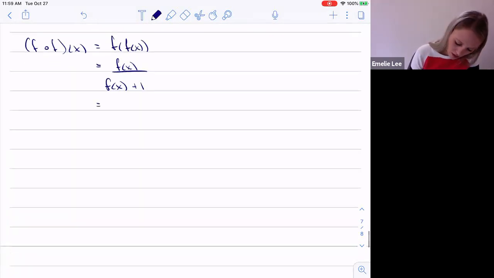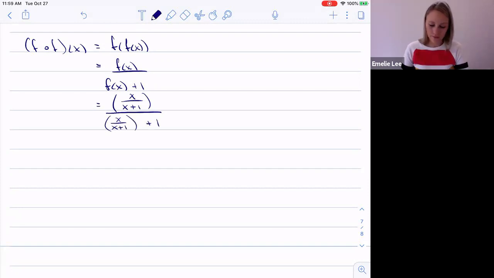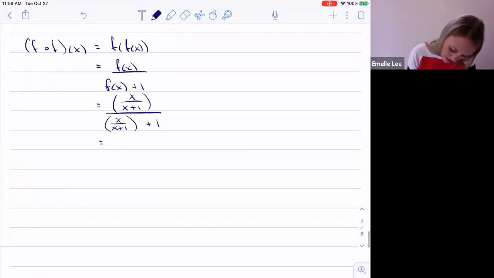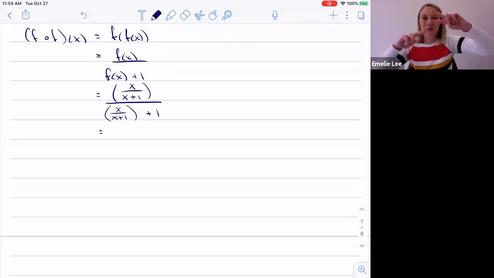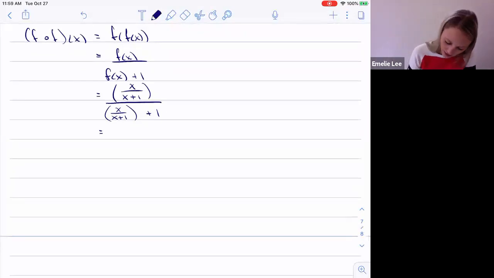Now I've got x over x plus 1 divided by x over x plus 1 plus 1. Careful here, you have to find that common denominator. And so we're going to do that in the next step here before I can flip and multiply my fraction over a fraction.